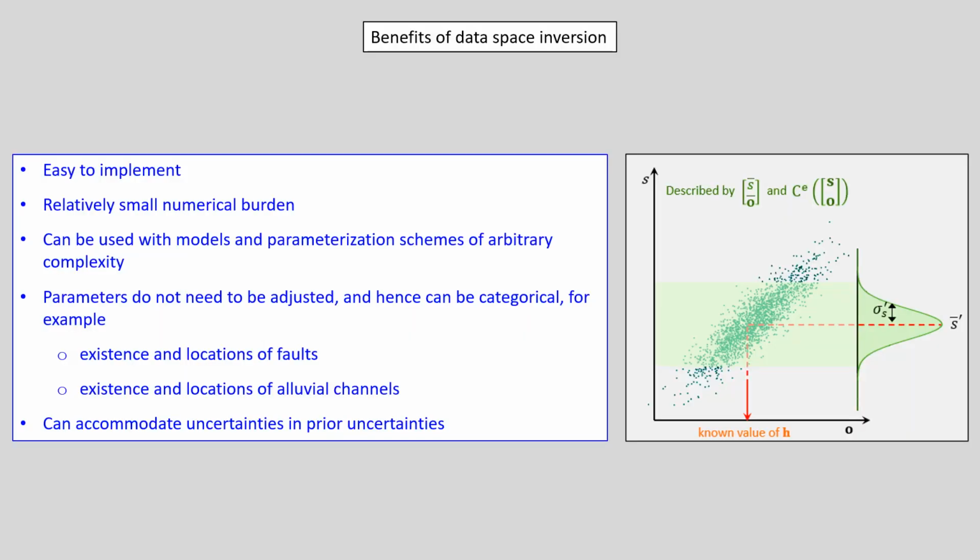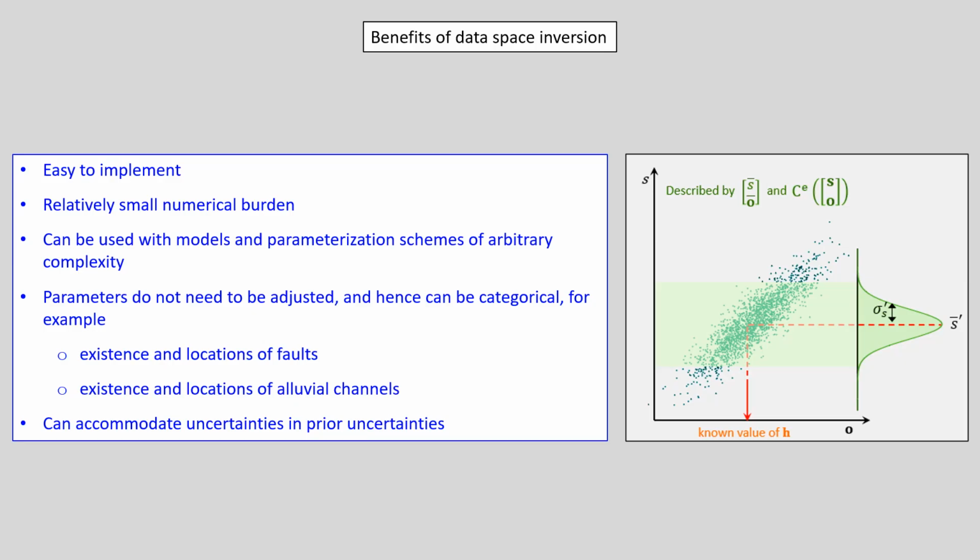So to conclude this long video, let's just talk about the benefits and drawbacks of data space inversion. As I hope I've convinced you, data space inversion is easy to implement. Yes, there's a lot of detail that goes on behind the scenes, and that's been explained in this video. But in implementing DSI, you only have to use a few simple commands.